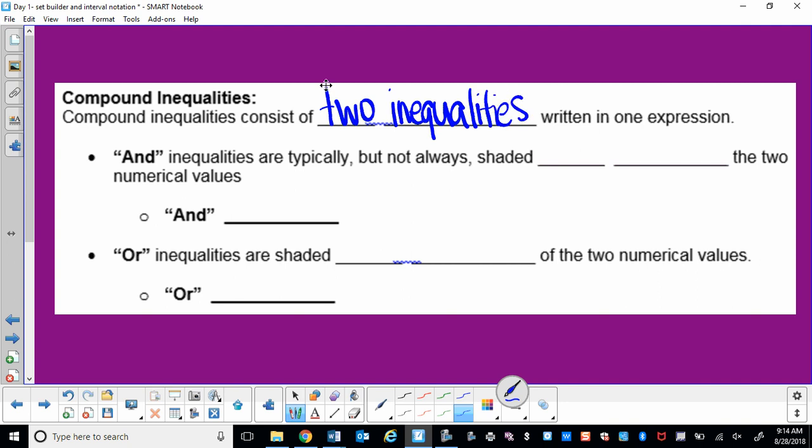Two inequalities written in one expression. All right, and inequalities are typically, but not always, shaded in between the two numerical values.